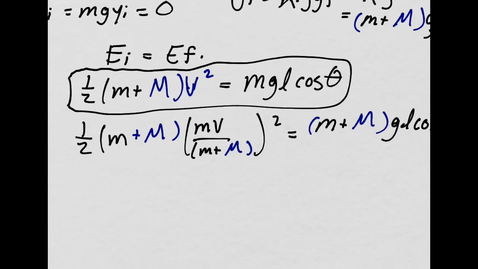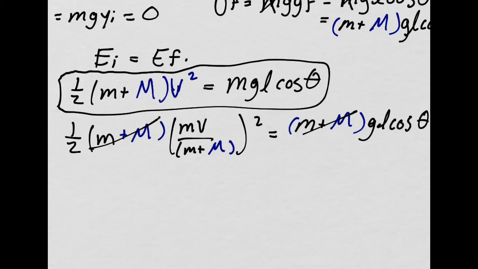So we get some cancellations. Let's cancel that with this. And then we have to square it. 1/2 m squared v squared over m plus M squared, let's use our colors, equals gL cosine theta.